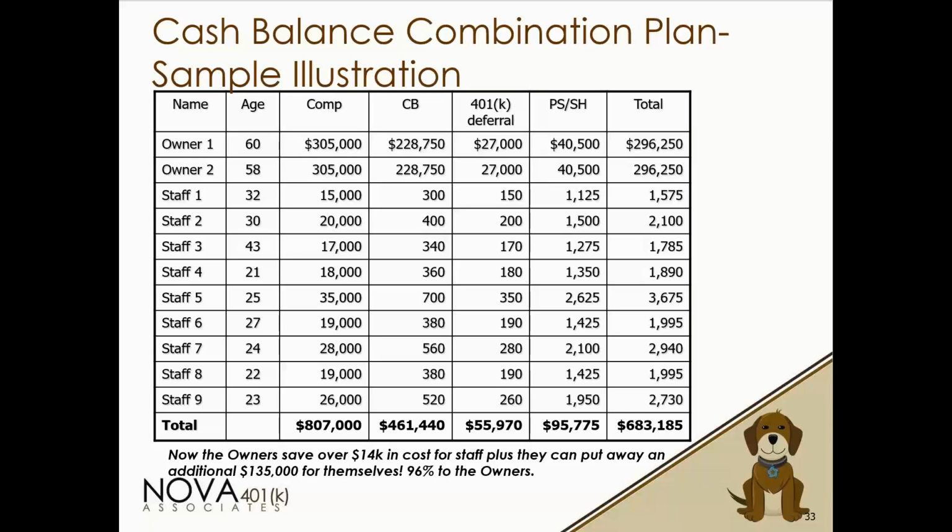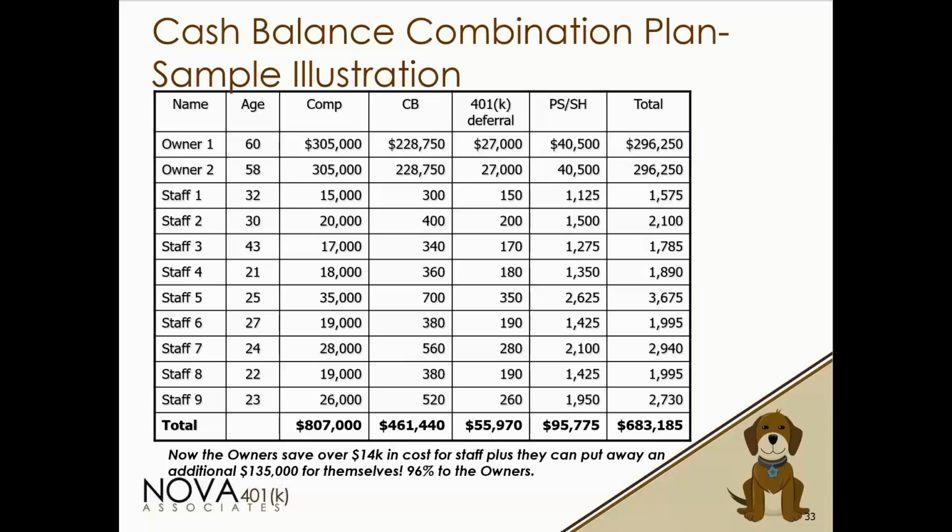Maybe. If you have a client out there that has a company with demographics that look like this, then they are absolutely going to be a great candidate for a cash balance plan. You have owners who are closer to retirement, and you have younger people who are the NHCEs.